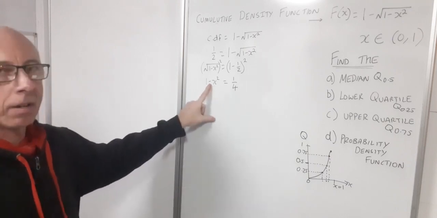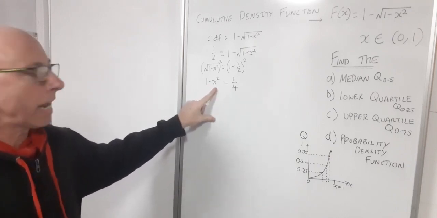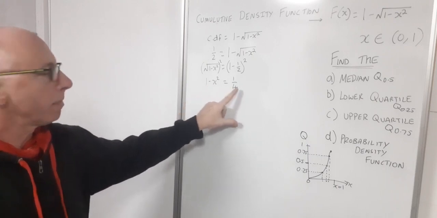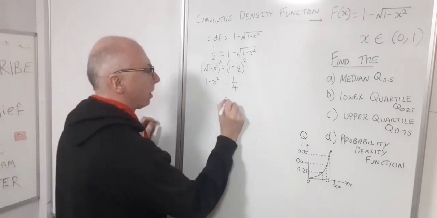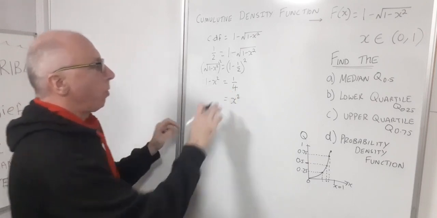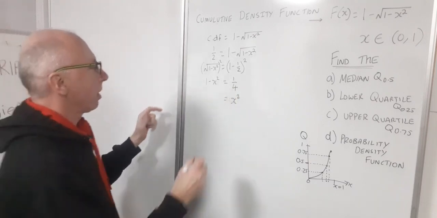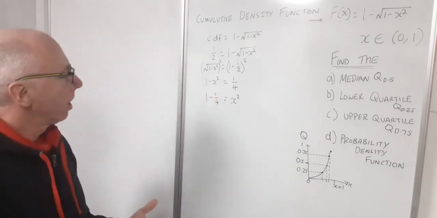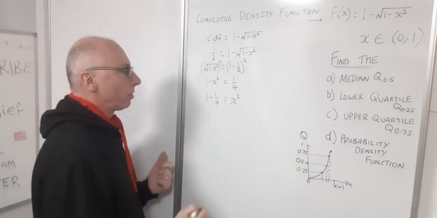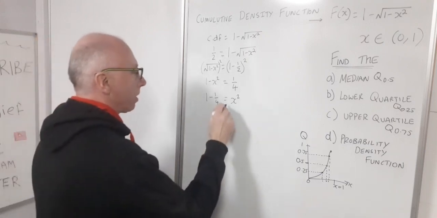Okay, so now back into minus x squared territory. I want to bring my minus over this side to make that a positive x squared, and therefore my 1/4 I'll need to bring to this side. So I've got 1 minus a quarter. Now all I need to do is take the square root of both sides.